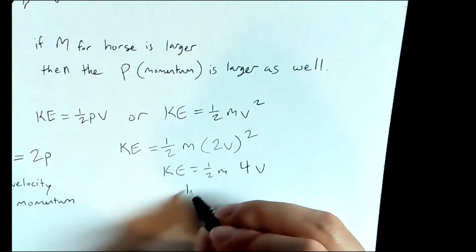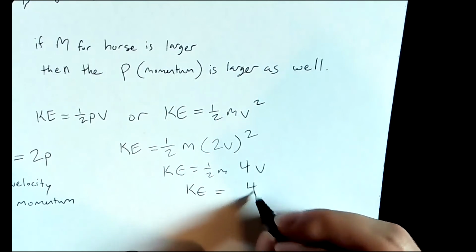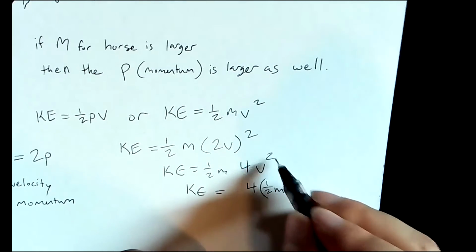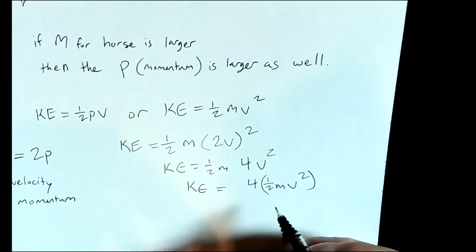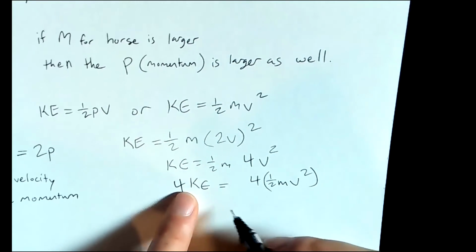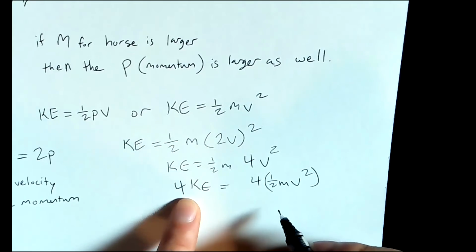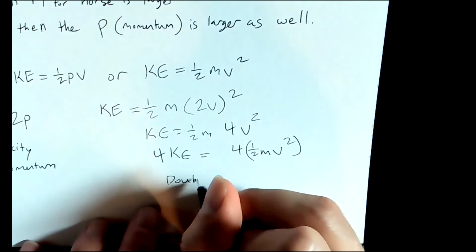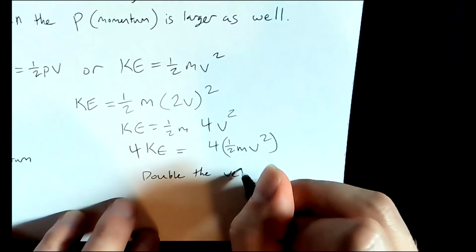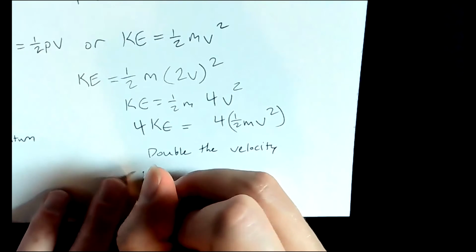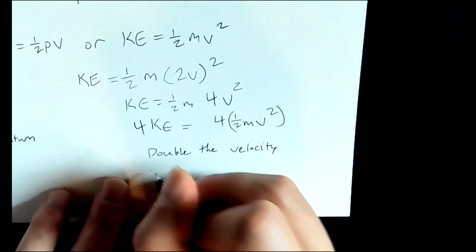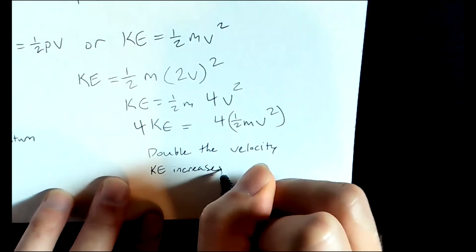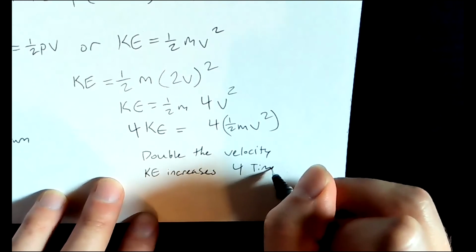So if you rearrange everything, K equals 4 times 1/2 mv squared. So you're actually making the kinetic energy 4 times as large. If you double the velocity, the kinetic energy increases 4 times over.